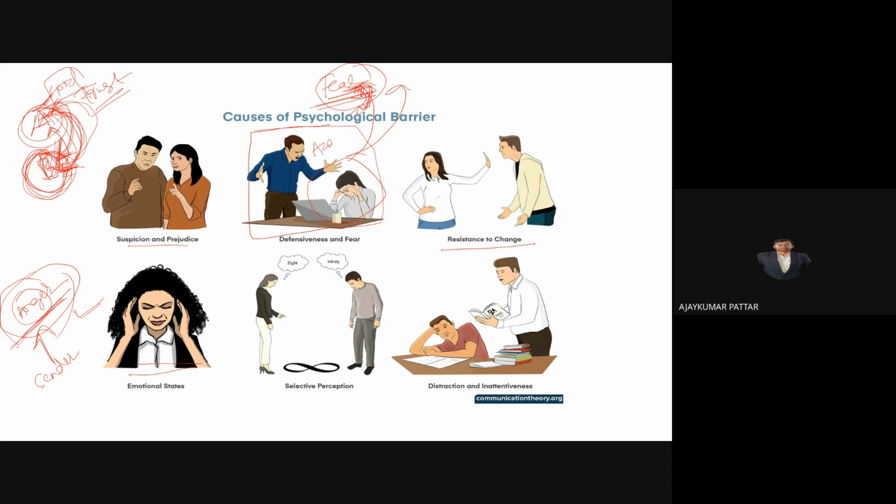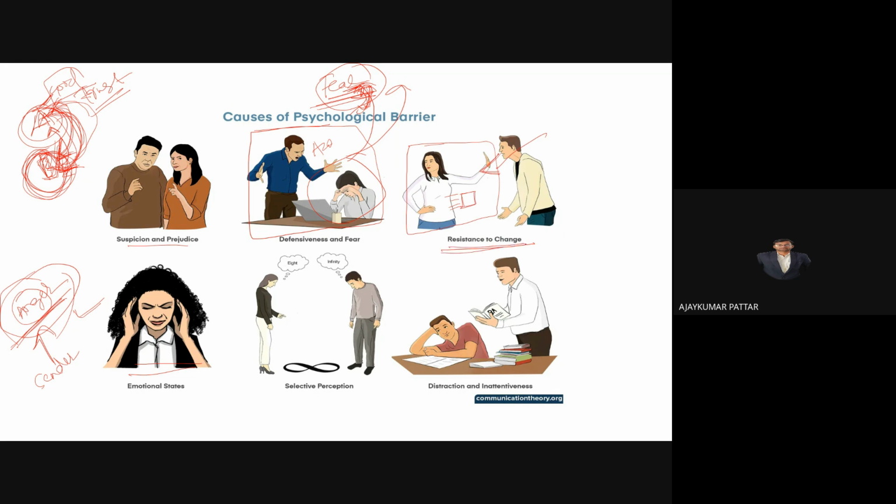Then resistance to change. Resistance to change means the person is not in a condition to change. Whatever is told to this receiver, he or she will not be ready to change his behavior or knowledge. They will say that whatever they know is right.